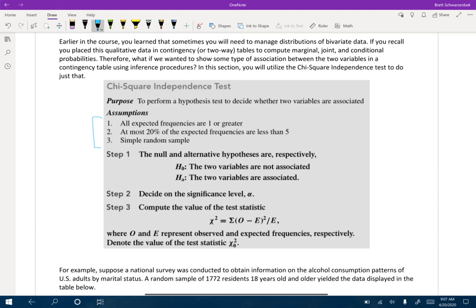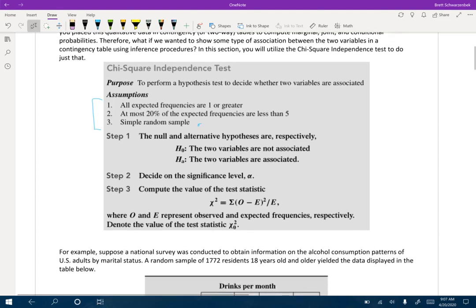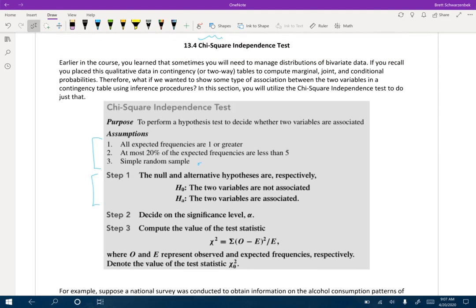That rarely happens, but when it does, be on the lookout for that. And of course, a simple random sample. The alternative has changed. Why? In the goodness of fit test, we're looking for one distribution to be the same as another, whereas in this one, we're just looking for an association.